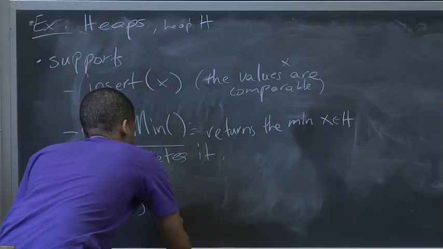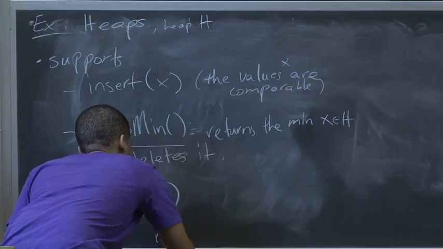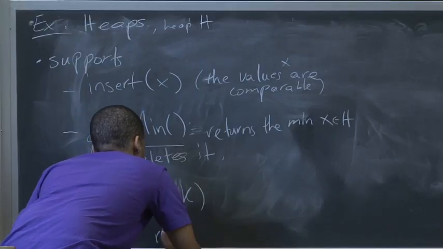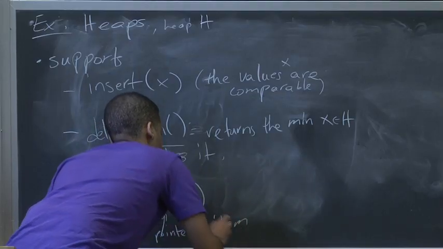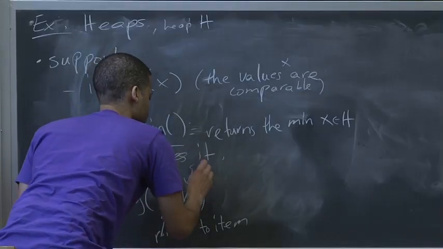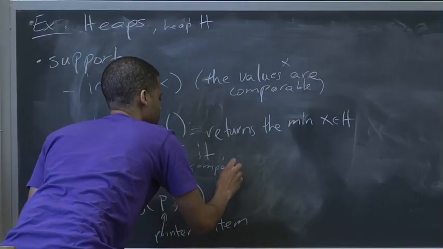Say p is a pointer to an item, and k is a key, a comparable element.